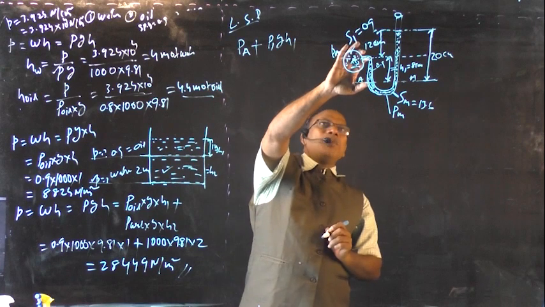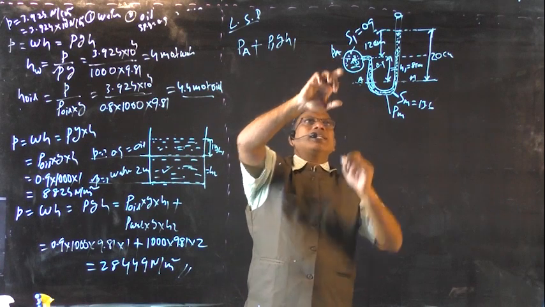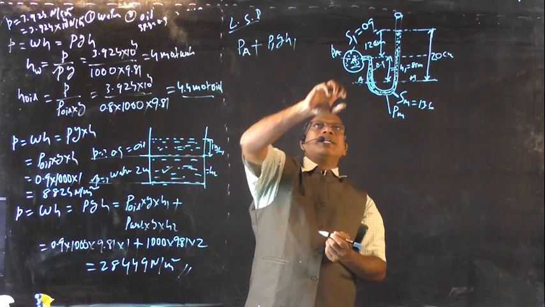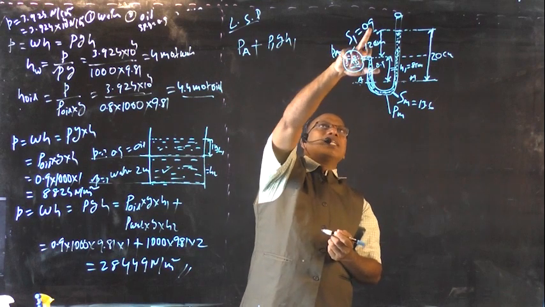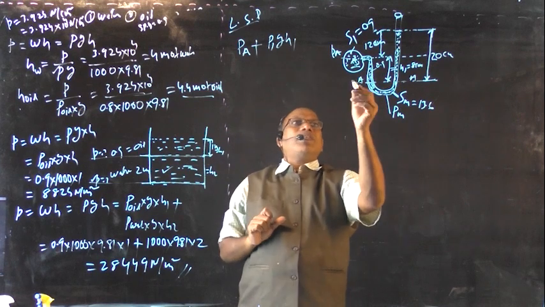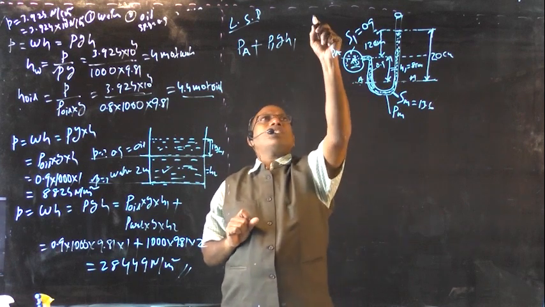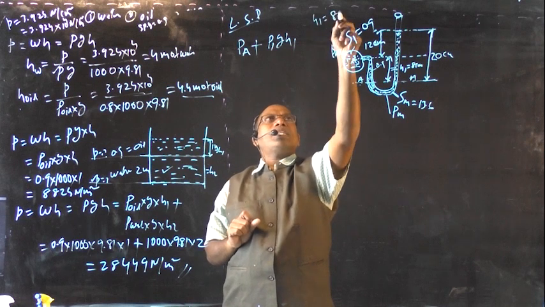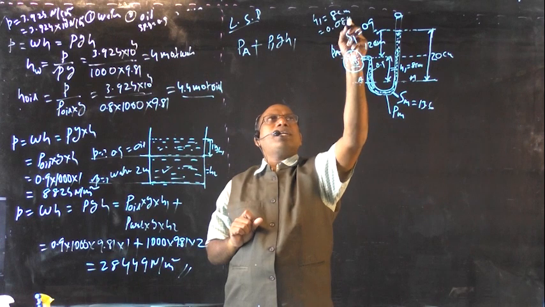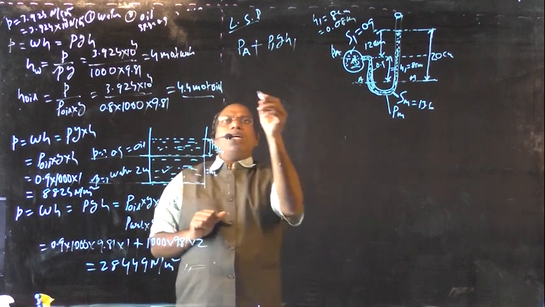The liquid column rho is not given, that we are going to determine. S1 is given, that is equal to 0.9. H1 is equal to 8 centimeters, that is equal to 0.08 meters.